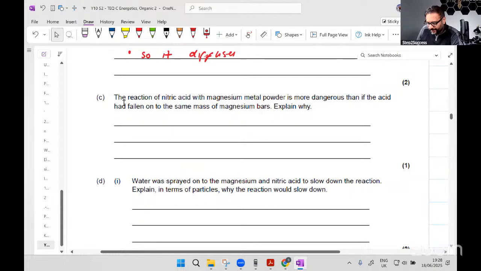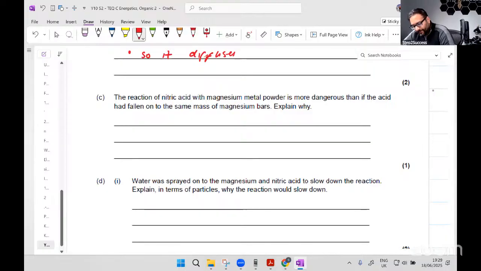Questions 1 to 4. Right, question C. The reaction of nitric acid is more dangerous than if the acid had fallen on the same mass of magnesium bars. Explain why. This is testing your knowledge of the difference between a powder and a big bar of a solid.